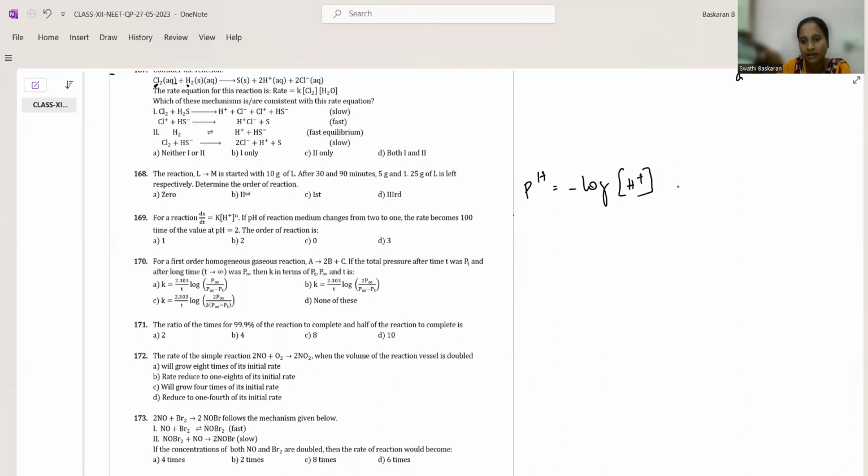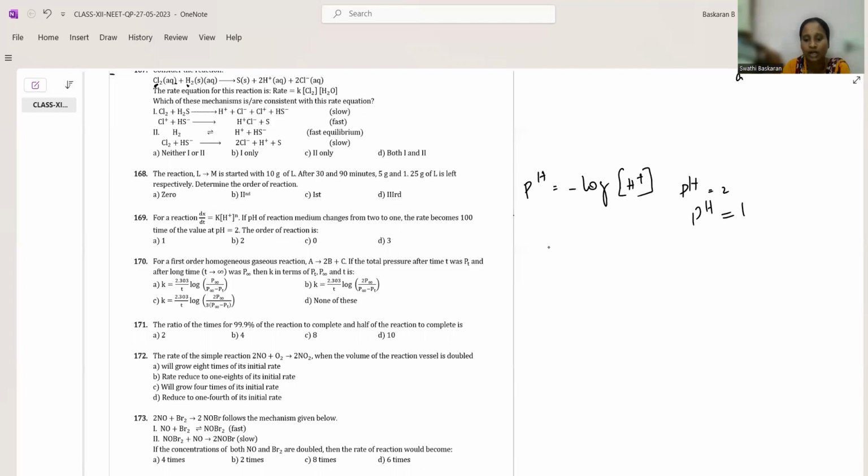What is being given? They have given two different values of pH. So pH, for the first rate, is assumed to be 2. And second, when they are reducing the pH from 2 to 1, they are telling that the rate is increasing by 100 times. So basing on these two pH values, we will be writing two rate equations.